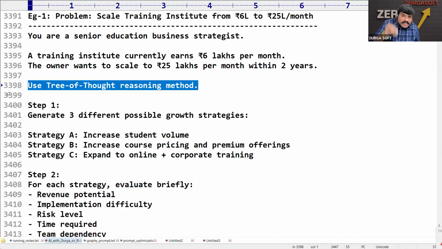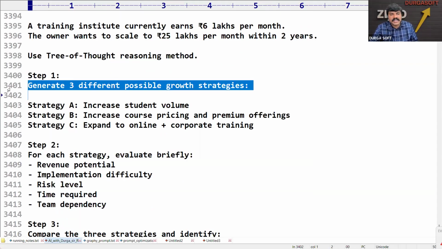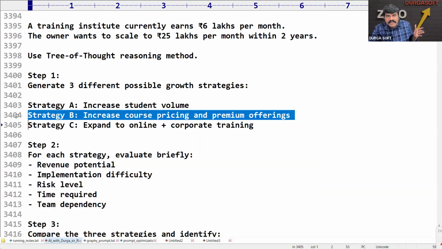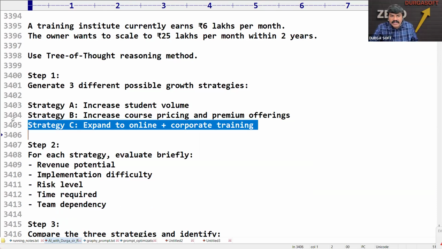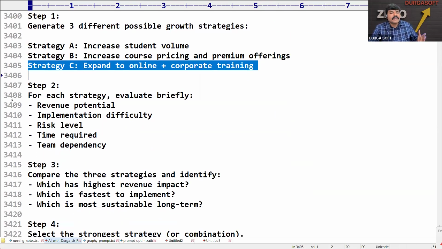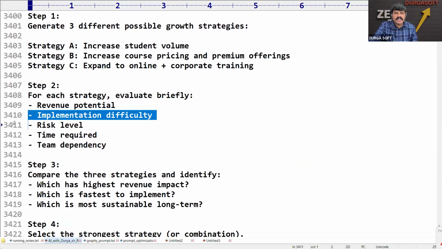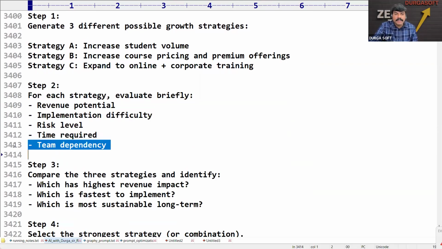I'm telling it clearly to use that, because if I specify it, then my AI model can automatically understand what job it has to do. Step 1, generate 3 different possible strategies. Strategy A, increase student volume; increase course pricing and premium offerings; or expand to online plus corporate training. For each strategy, briefly evaluate revenue potential, implementation difficulty, risk level, time required, and team dependency.